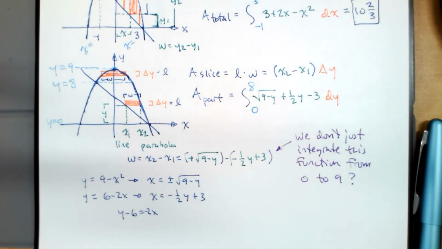Now, for the width in that top section, the left is the negative square root, and the right is the positive square root.